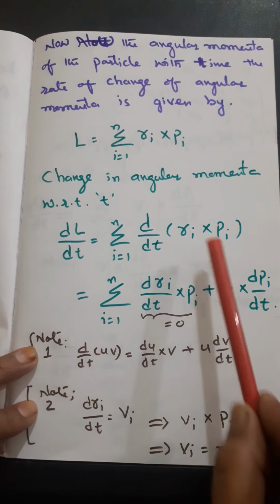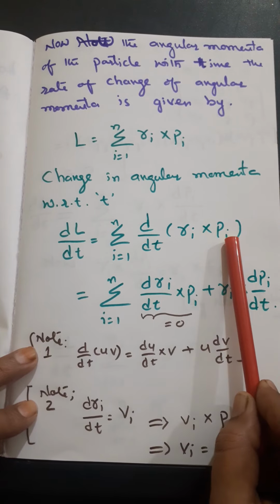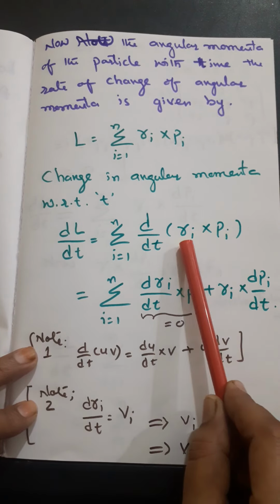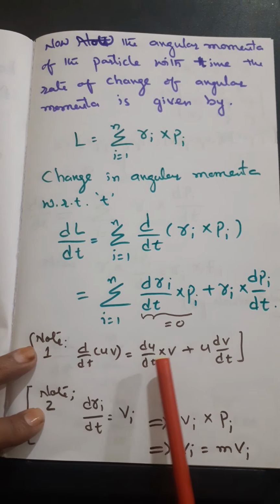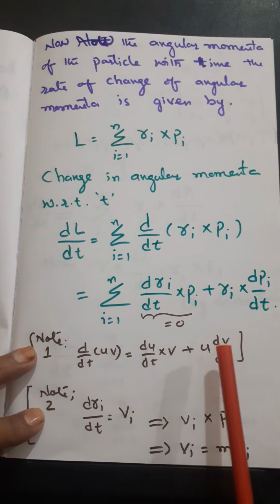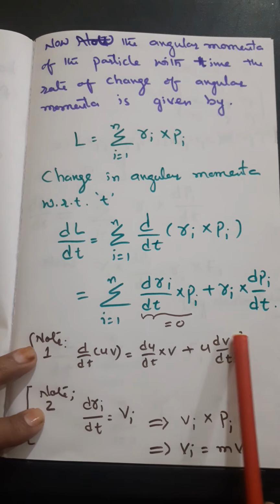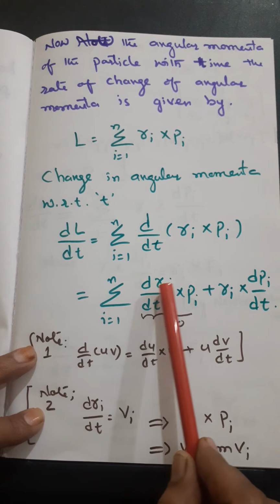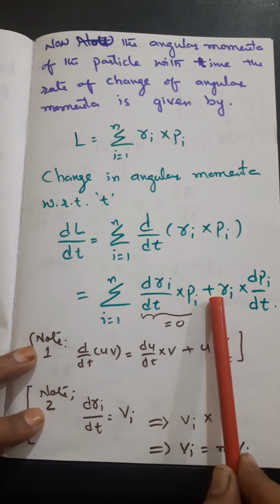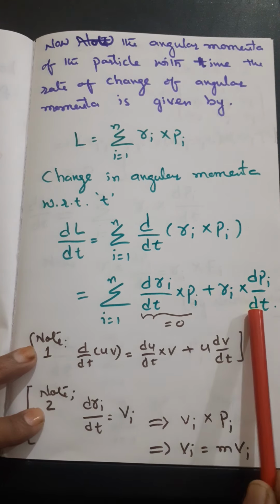This note is for this one, that is r_i and p_i are just like u and v. So we know the differentiation of a product uv formula is du by dt cross v plus u cross dv by dt. So like this, in this formula we have to write this one. Then we will get dr_i by dt cross p_i plus r_i cross dp_i by dt.